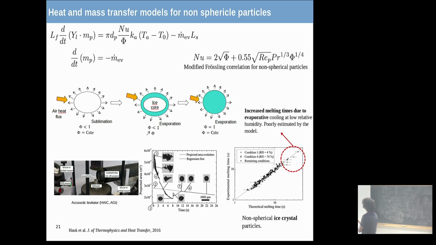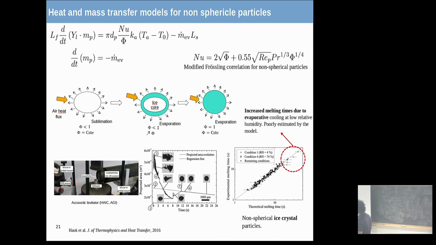As you see, the amount of liquid water available is of primary importance for sticking of the particles. That's why we had to adapt the model to predict the liquid water which appears when the ice particle melts.